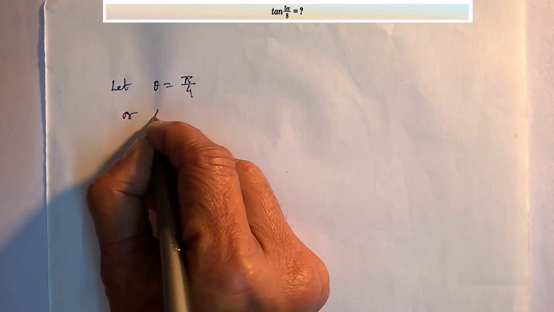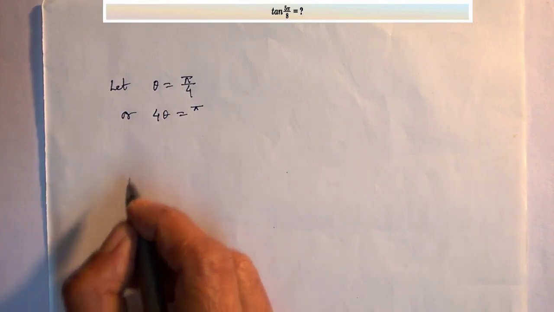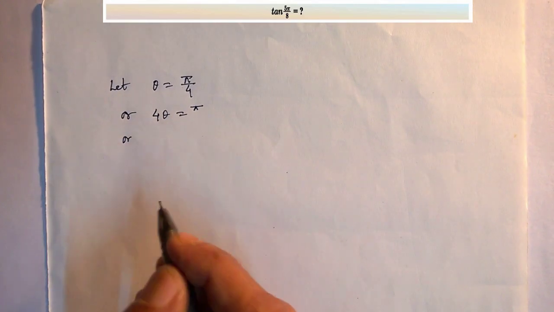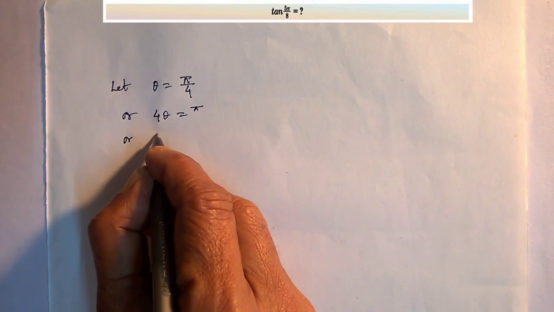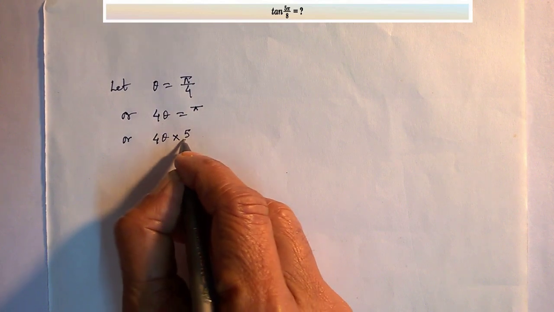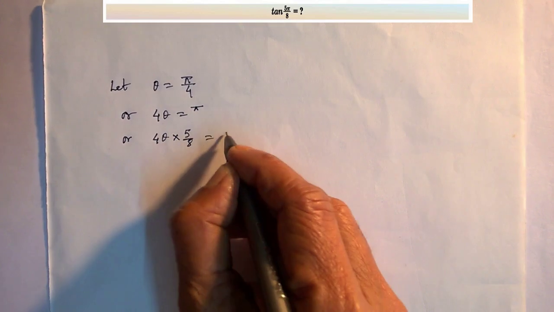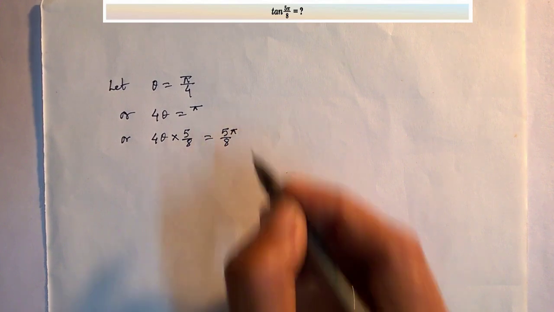Now proceed. 4 theta is equal to pi. We need to find 5 pi by 8. So 4 theta into 5 by 8, right hand side directly writing pi.